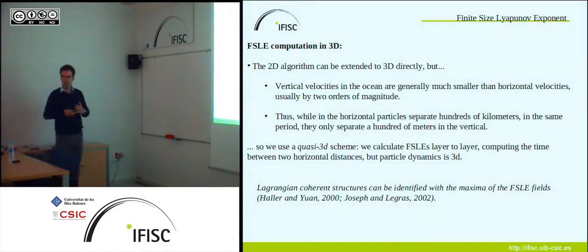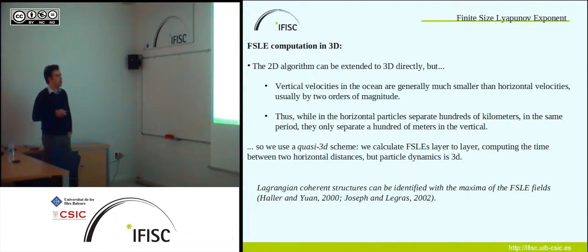And we did it because it can happen that small displacements in the vertical can take particles into zones where the horizontal dynamics is different, and then that can affect the final distance between them. And in the end, after calculating the finite-size Lyapunov exponent maps, we use this definition of Lagrangian coherent structures as the maxima of the finite-size Lyapunov fields.